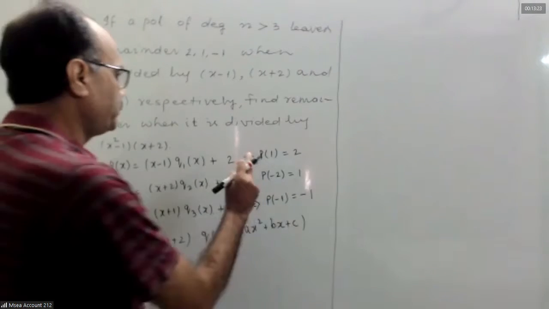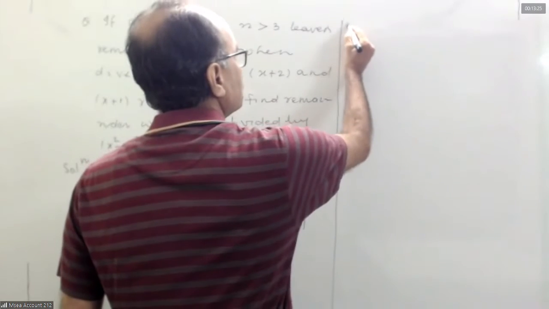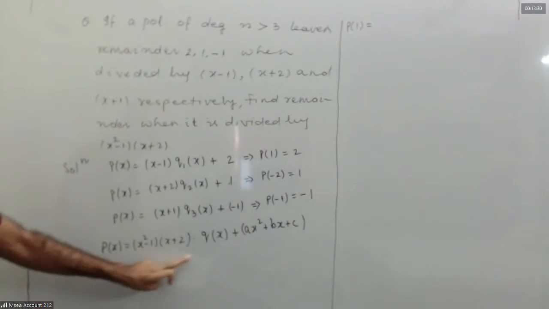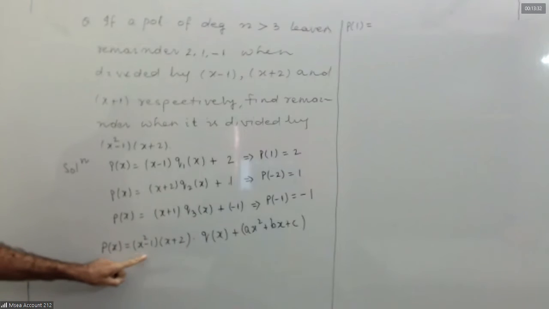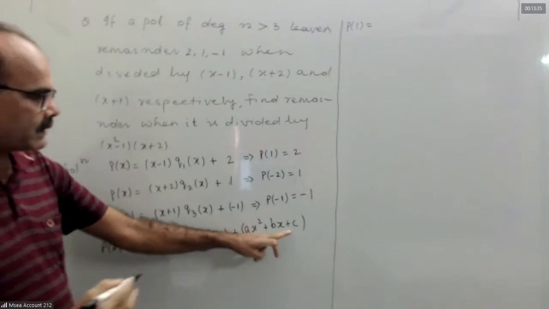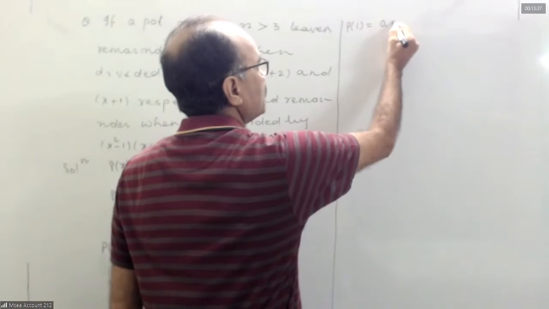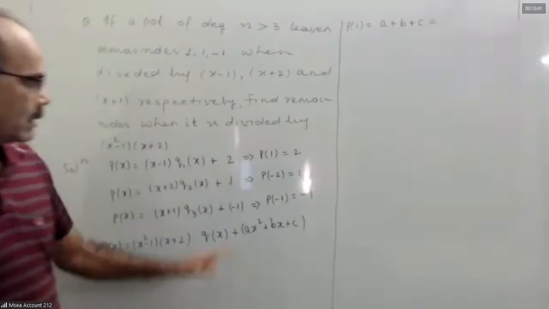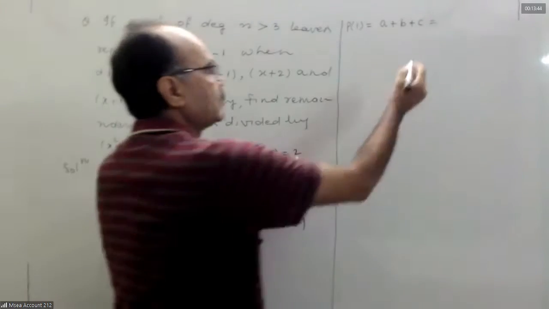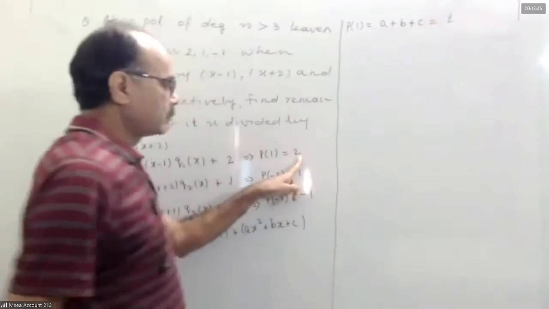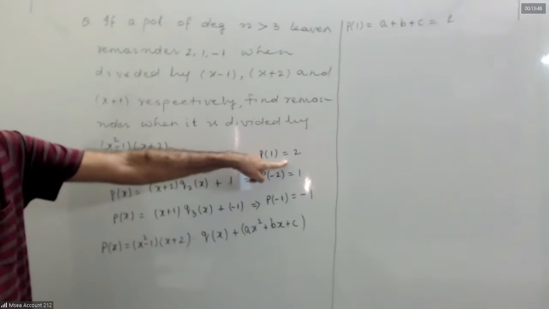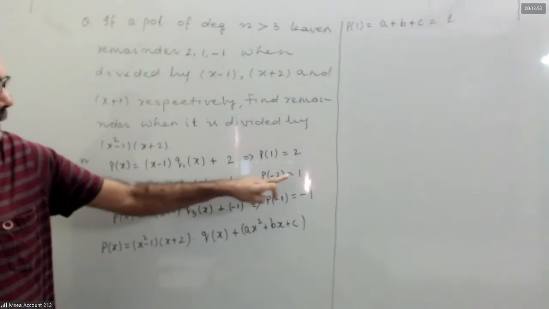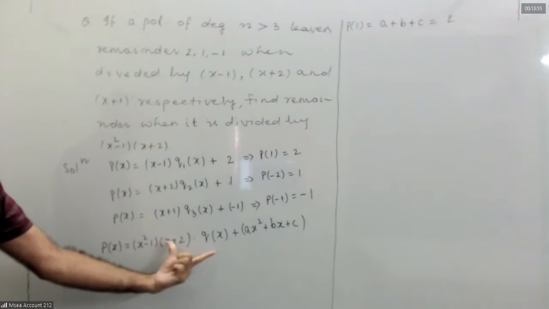So P of 1: this part will be 0, so A plus B plus C equals P of 1, which is 2. Next, put x equal to minus 2, the whole part will be 0.